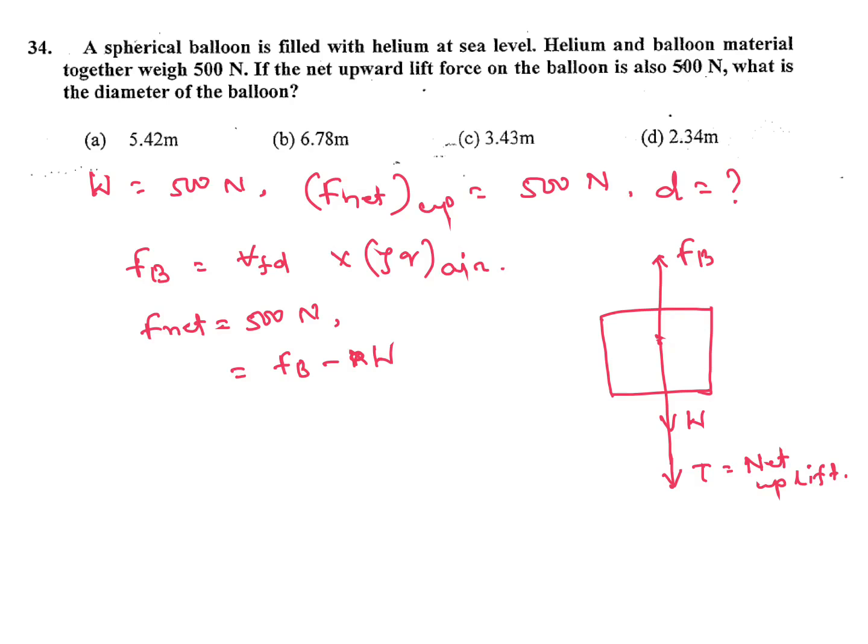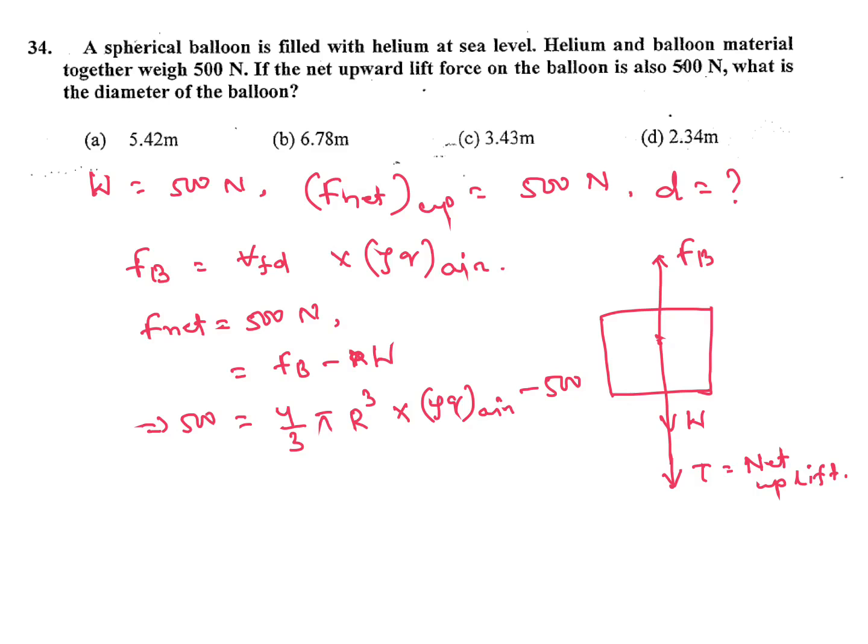So from here, 500 equals volume of fluid, which is the volume of sphere, 4 by 3 pi R cube, into rho g of air, minus 500.